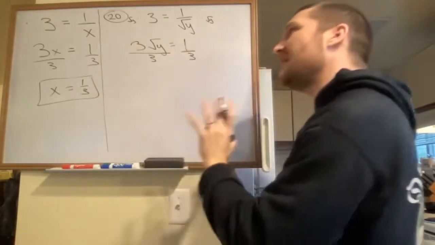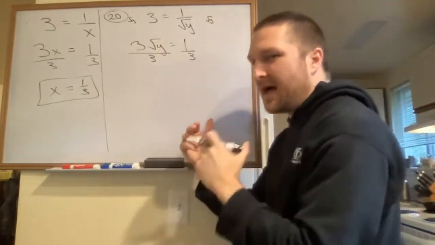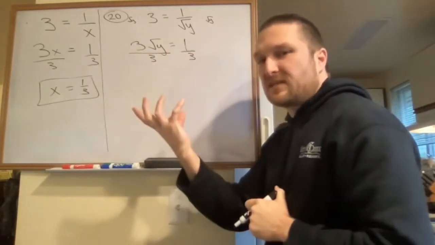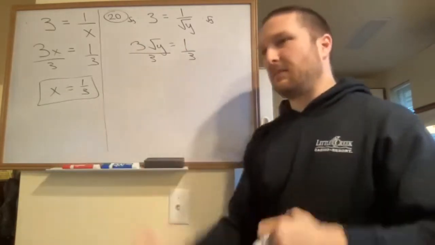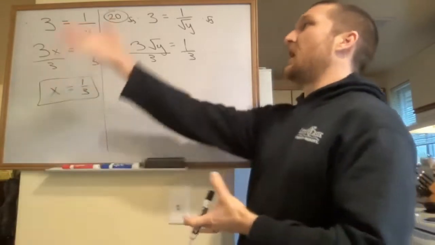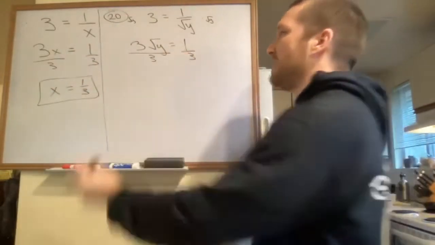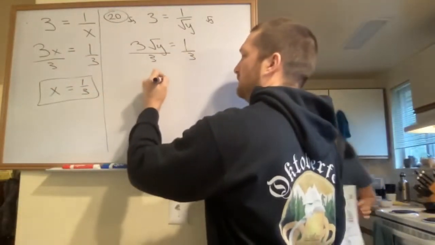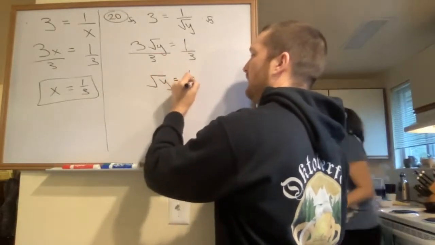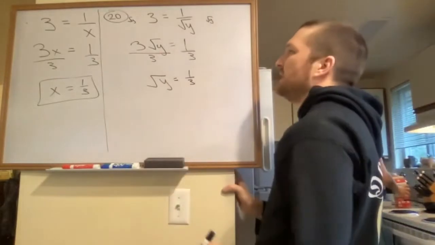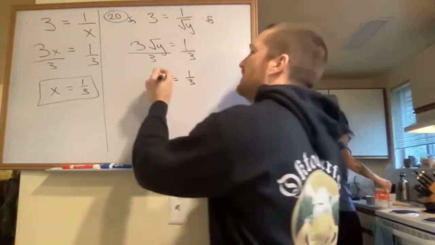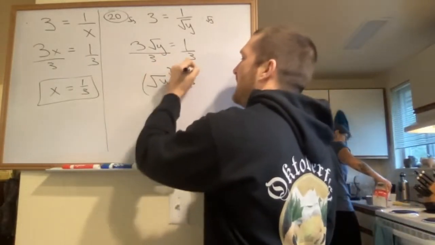And kind of thinking about the way we were doing it last time, what happens to y? Well, first it gets a square root, then it gets multiplied by 3. So I'm going to unmultiply by 3. I'm going to divide by 3 first. Then I'm going to unsquare root. How do I unsquare root this? Square it. I square both sides.